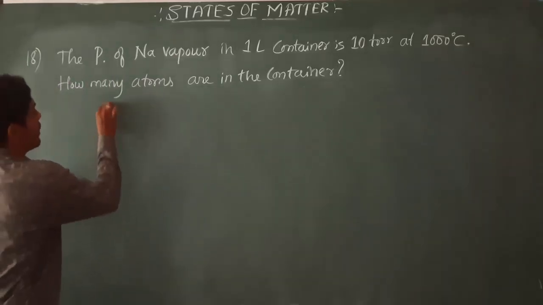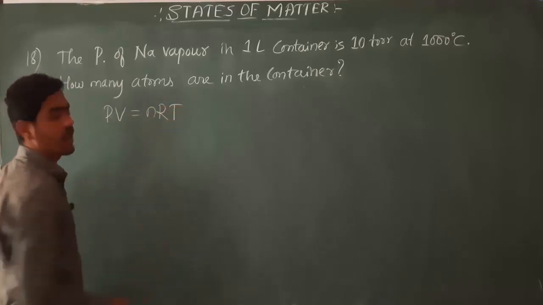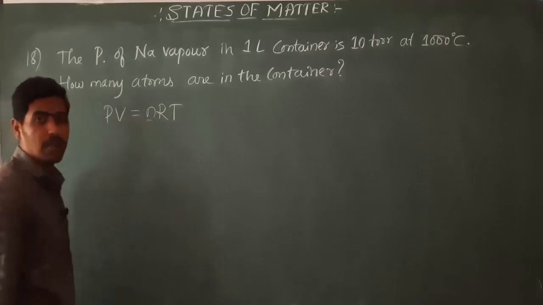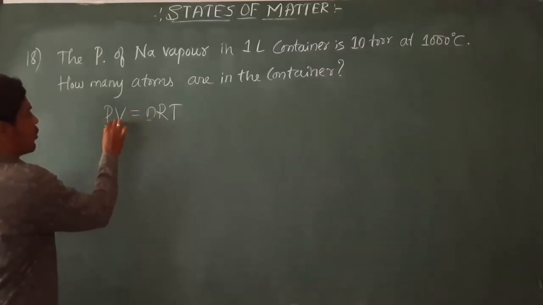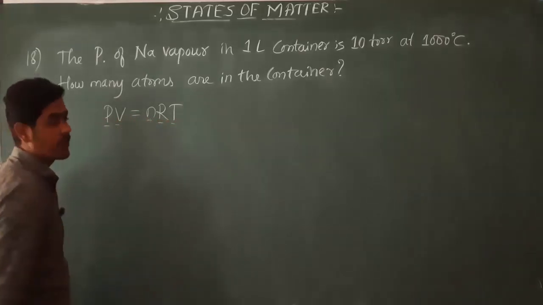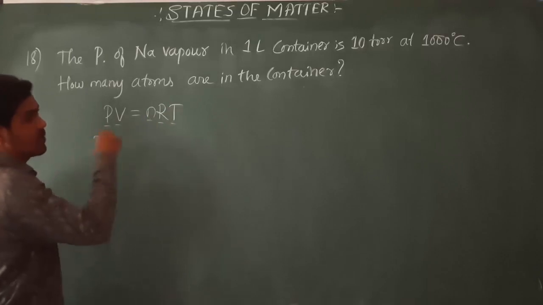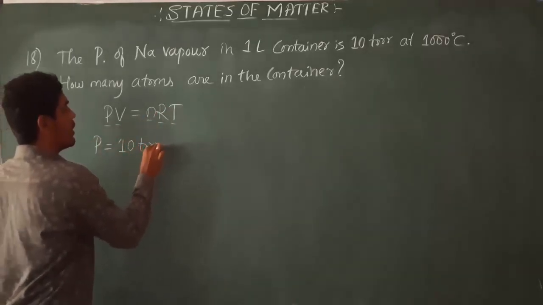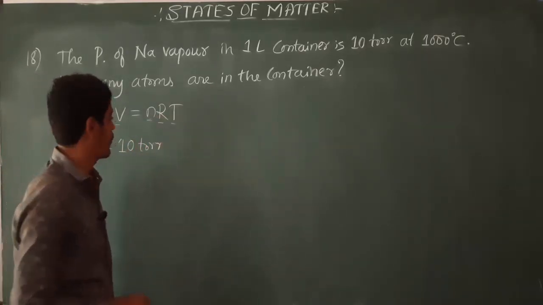How will you find it? Use the equation PV is equal to nRT. It gives the number of moles. In order to find the number of moles, we should know P, V, R and T. So first write down what they have given. Pressure. What is the pressure? 10 torr. Here convert this torr to atm, atmospheric pressure.